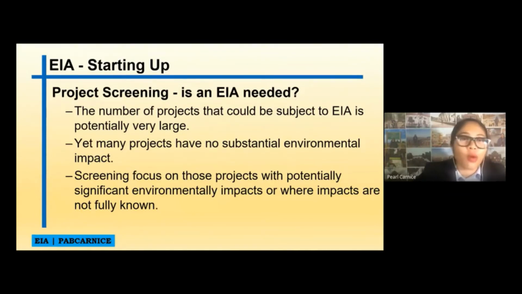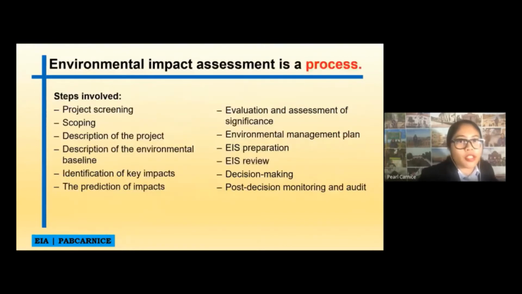That is why we have category C and category D. To this end, screening focuses on those projects with potentially significant environmental impacts or where impacts are not fully known. These are the steps involved in the EIA assessment.